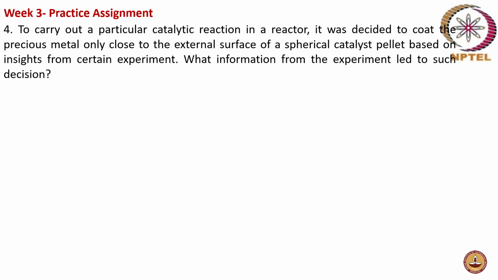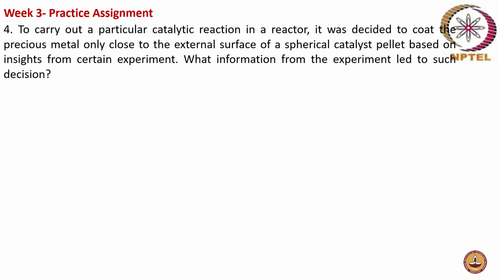And also, we have discussed catalyst decay, so that will get decayed also. So you lose the metal, right? Which really impacts the cost of the process, right? So we have to take a wise decision on how to coat the catalyst also.